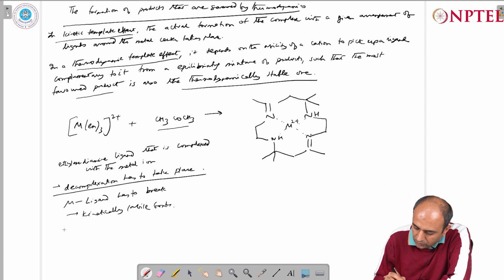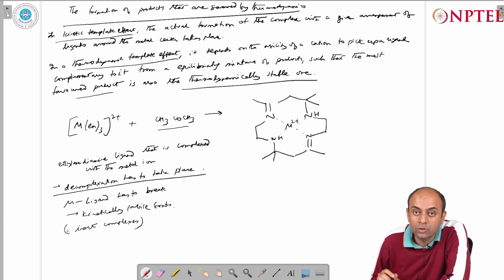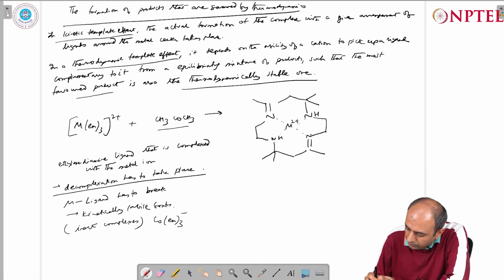And inert complexes, kinetically inert complexes, do not contain labile bonds, and therefore for those kinds of complexes, for example, if you were to consider Co(en)3 3+, in this particular case the cobalt is a 3+ cation, the cobalt-nitrogen bonds are kinetically inert and therefore not labile, and because they are not labile, it is very difficult to undergo decomplexation, and hence reaction of the ethylenediamine with acetone does not take place.